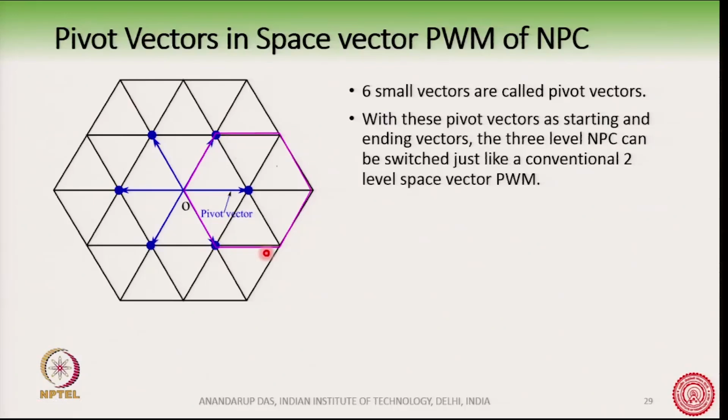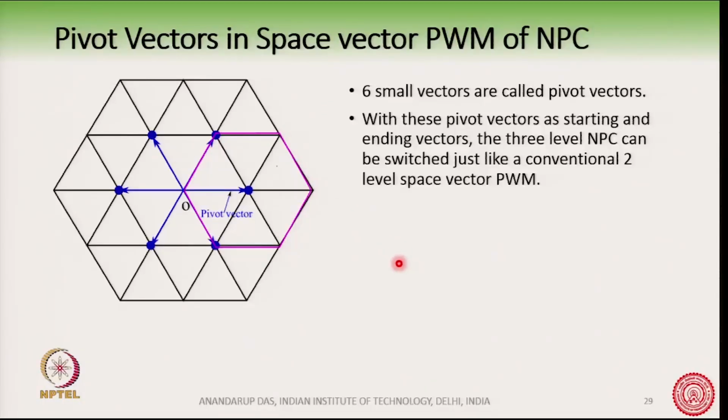Then this portion of the space vector diagram can be thought of as a part of the 2 level space vector diagram. For example, I have shown a pink colored hexagon here with the center of it as this pivot vector of a 3 level space vector diagram. There are 6 pivot vectors of the 3 level space vector diagram, out of which I have taken one as the pivot vector and I am drawing a hexagon over it.